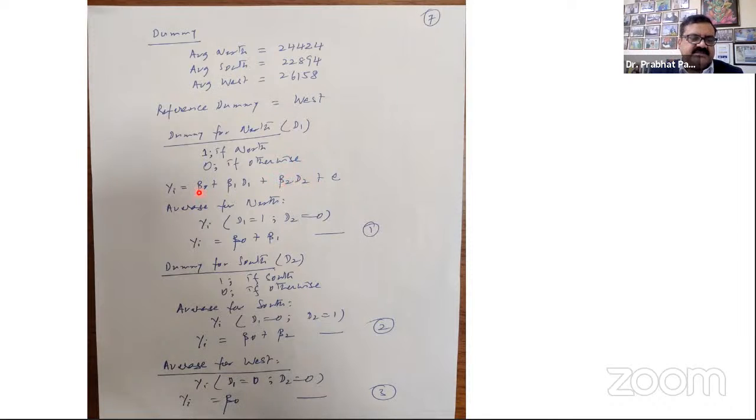So beta 0 plus beta 1 represents north, and beta 0 plus beta 2 represents south. That is how it is going to work.